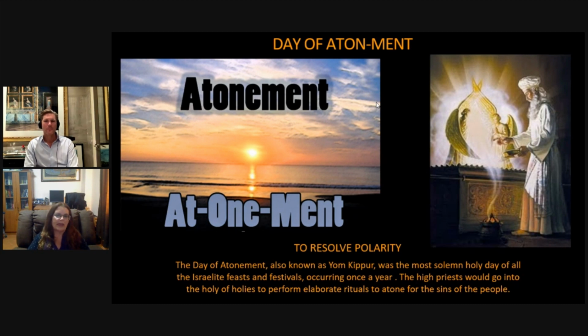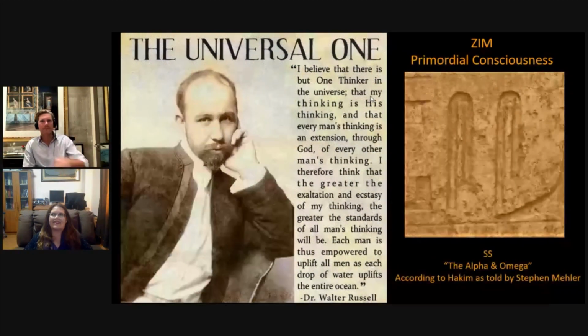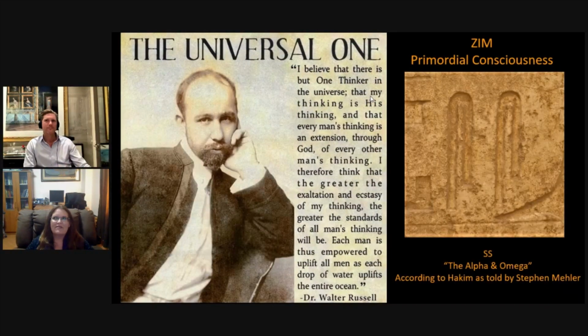To perform elaborate rituals to atone for the sins of the people, coming back into balance, right? The sin being the sine wave. Exactly. We have to flatline, right? And then evolve back to the point.